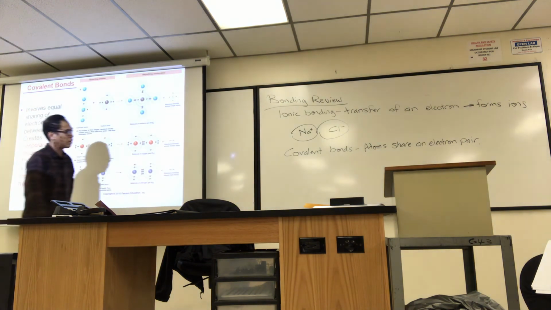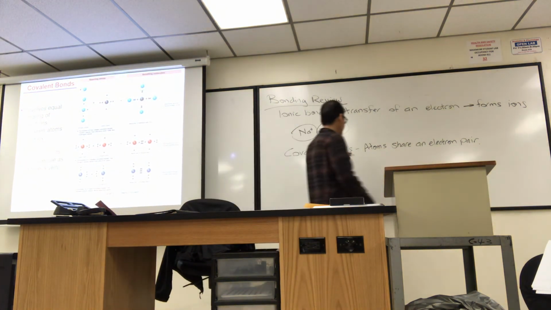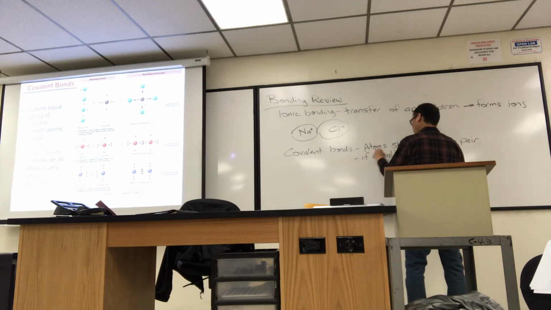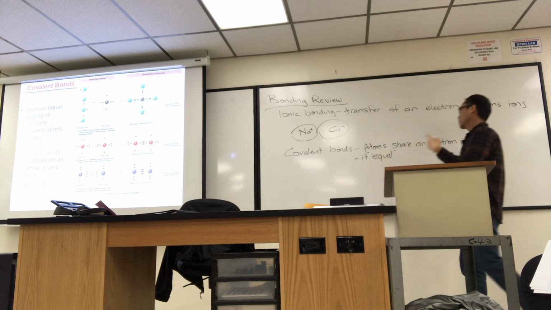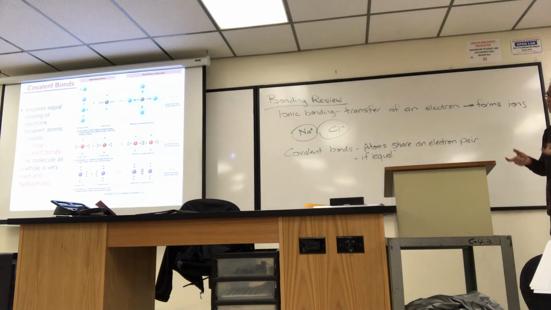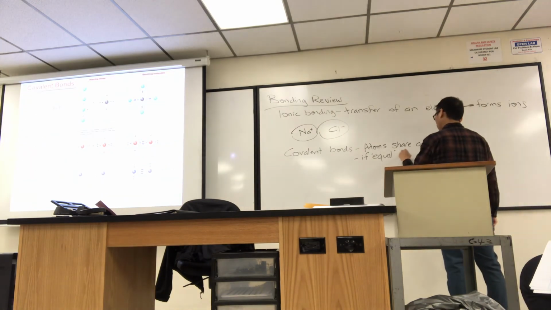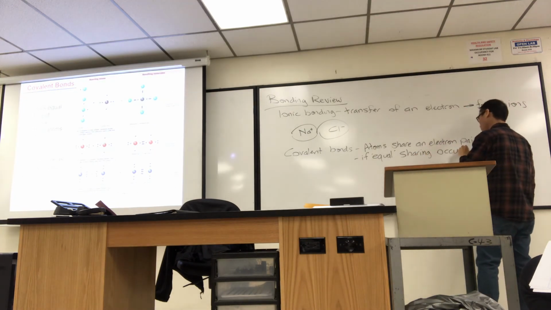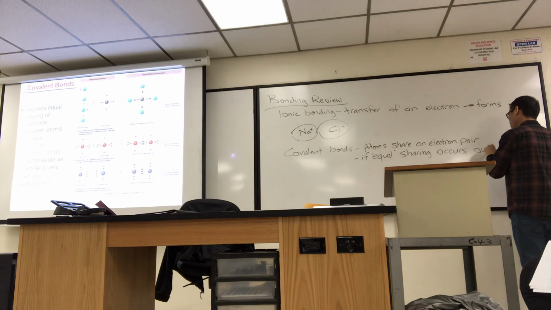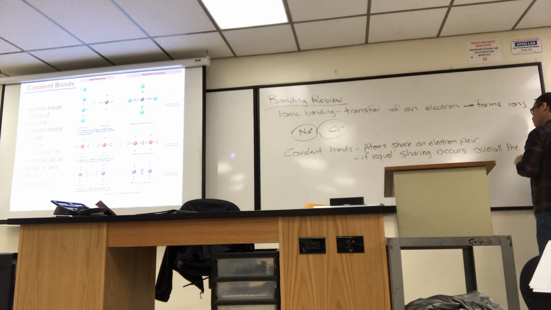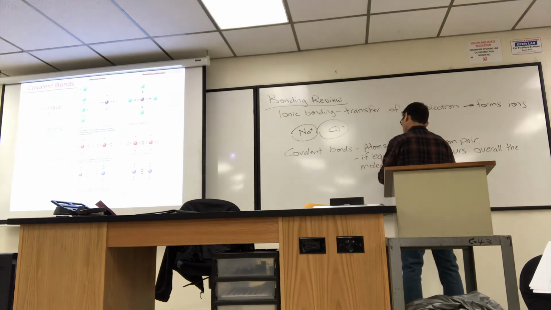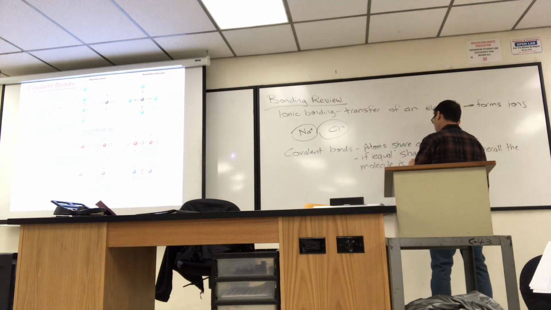So let me write that down. If it's an equal sharing, I guess that's the key where I put quotes around it. It's just spinning around these atoms equal time. If equal sharing occurs, overall, the molecule is, we say, inert.